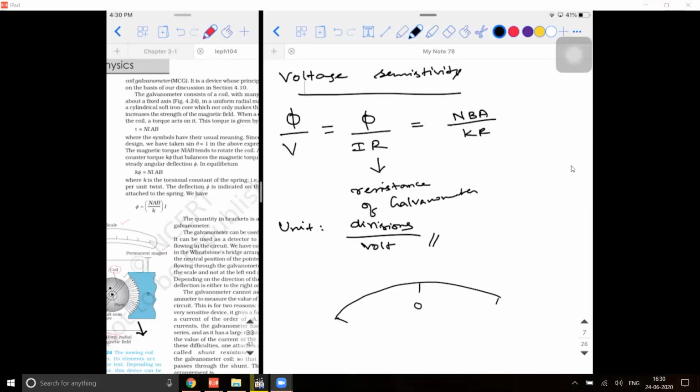Figure of merit is used for calculating what value? It is not used for calculating anything. Figure of merit is a property of the galvanometer. Just like current sensitivity, figure of merit is also a particular value.